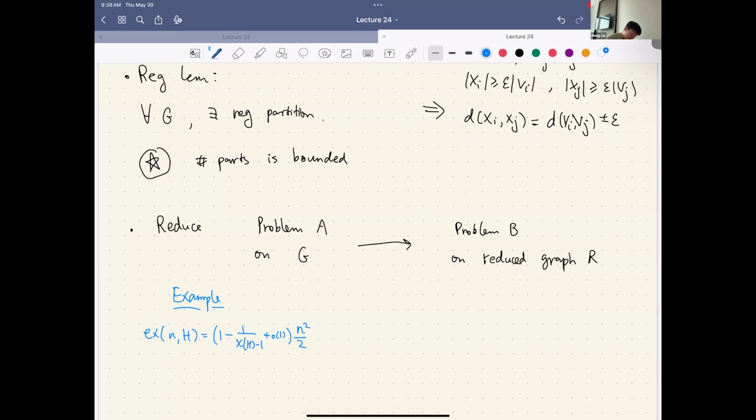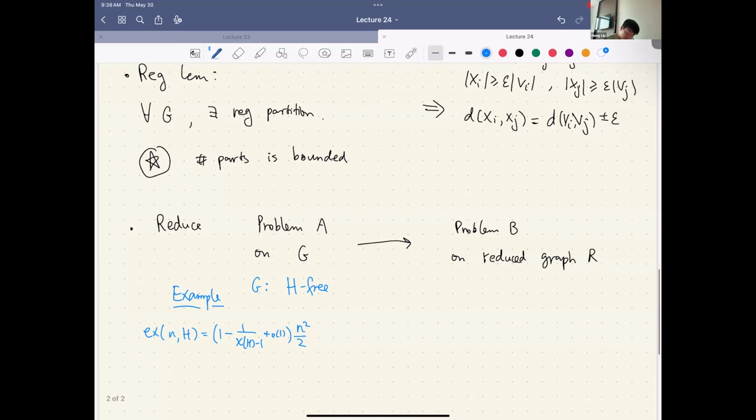When we prove this, we basically say if G is H-free, then when you reduce to this bounded graph R, we can get a stronger property that it's K_chi(H)-free.